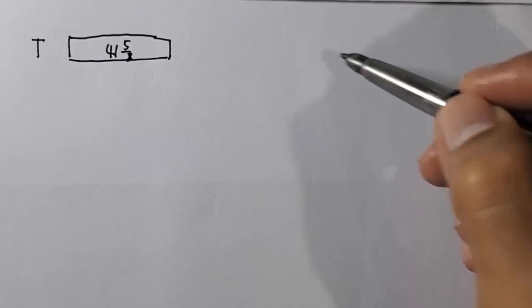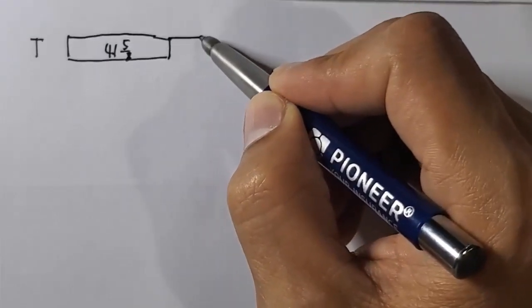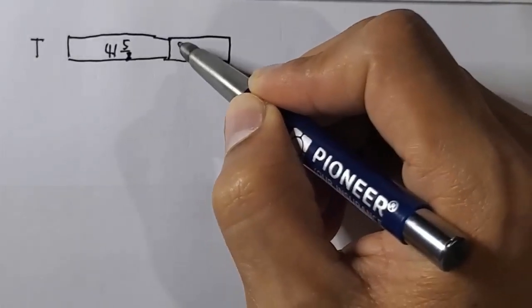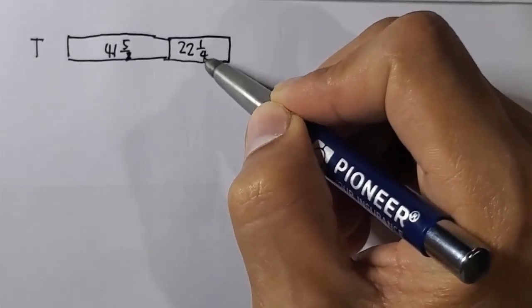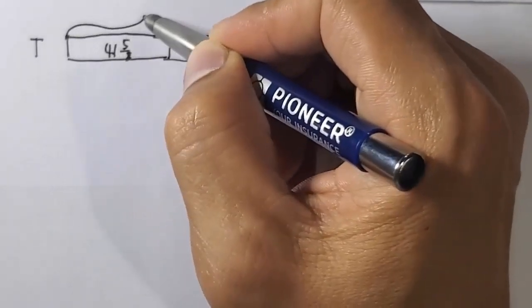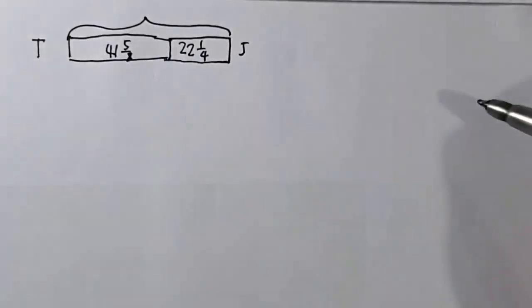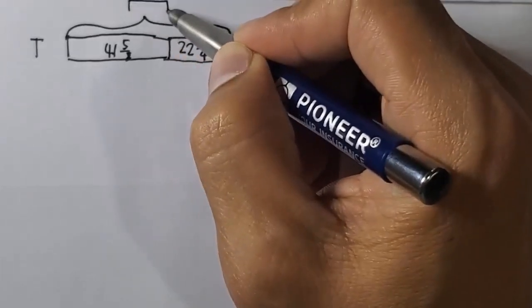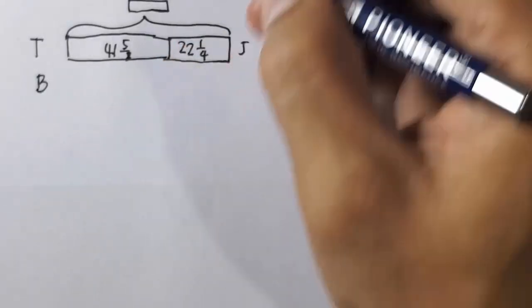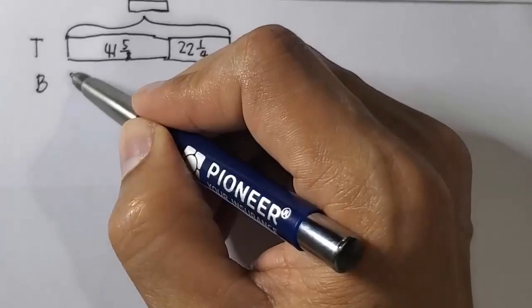And of course, we will combine the weight of June, which is 22 and 1/4. This is the total of Tony and June. So all we have to do is to compare it to the weight of Ben. Ben's weight, that is 44 and 1/2.